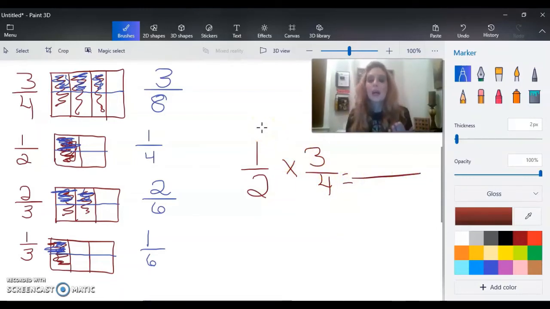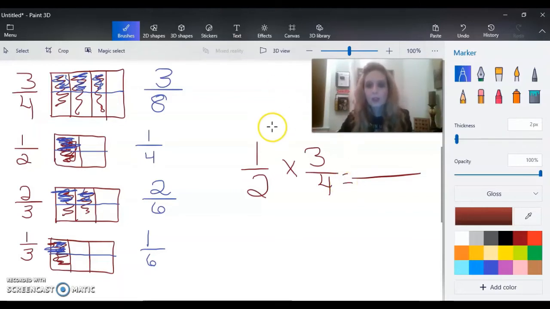When we added fractions and subtracted fractions, if we had unlike denominators, like we have here, we had to find the least common denominator and make equivalent fractions. Do you remember that? The good news is when we multiply fractions, we don't have to do that.